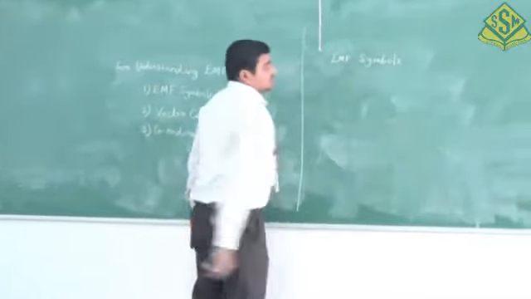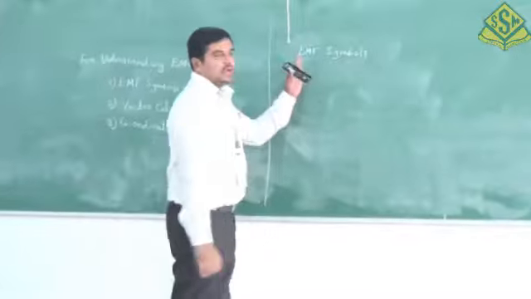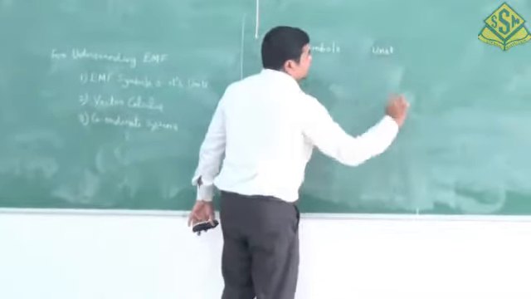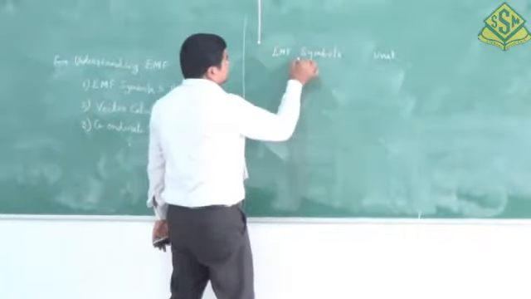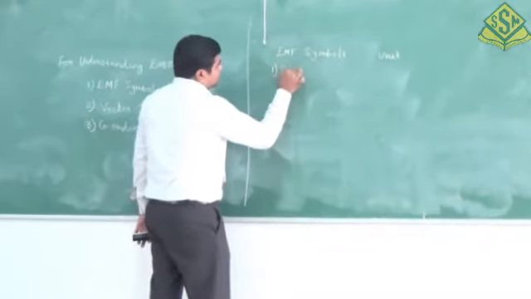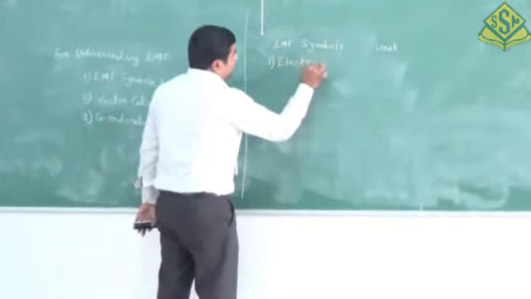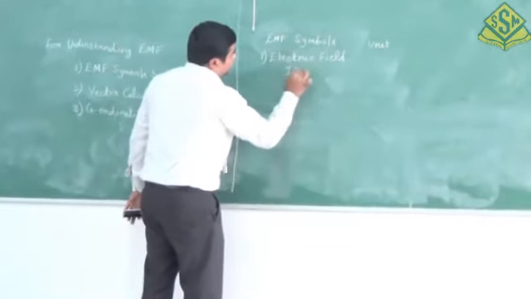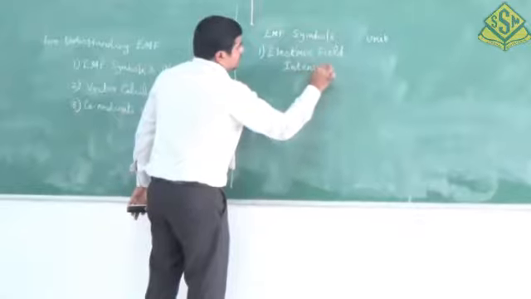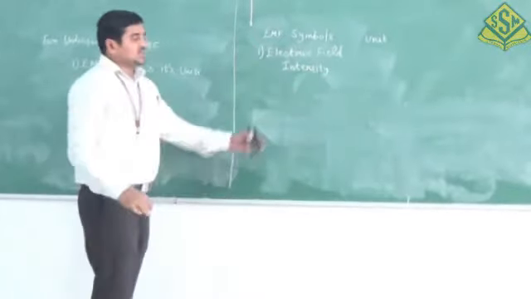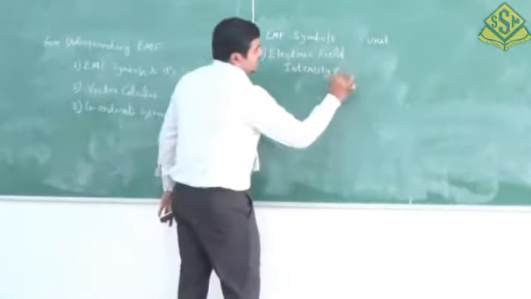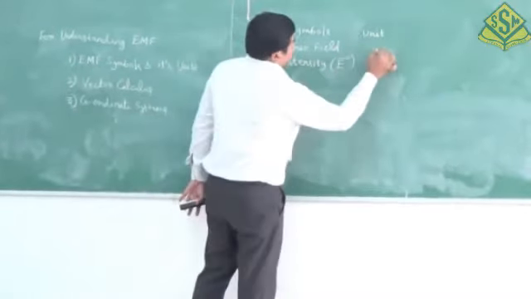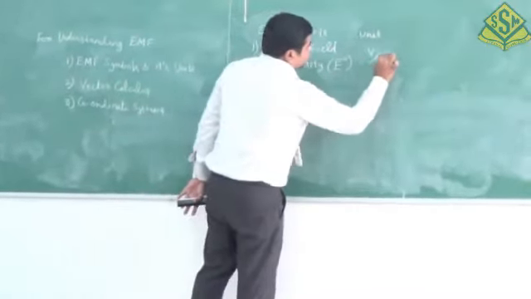EMF symbols in the left side and its units are in the right side. So first one is electric field intensity. That is represented as capital E vector. Its unit is volt per meter.